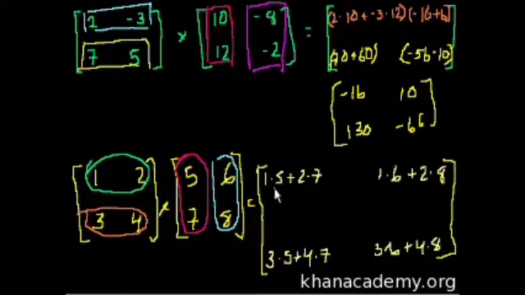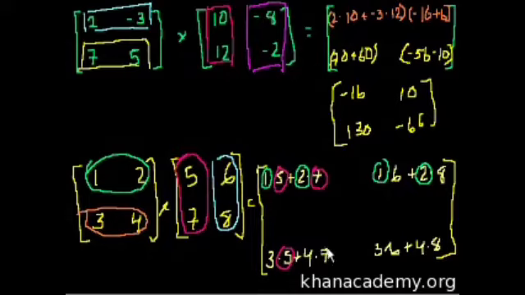And if we simplify, actually, let me just remind you where all of the numbers came from. So we have that green color. This 1 and this 2, that's this 1 and this 2, this 1 and this 2. And notice, these were in the first row, and they're in the first row here. And this 5 and this 7, well, that's this 5, this 7, and this 5, and this 7.